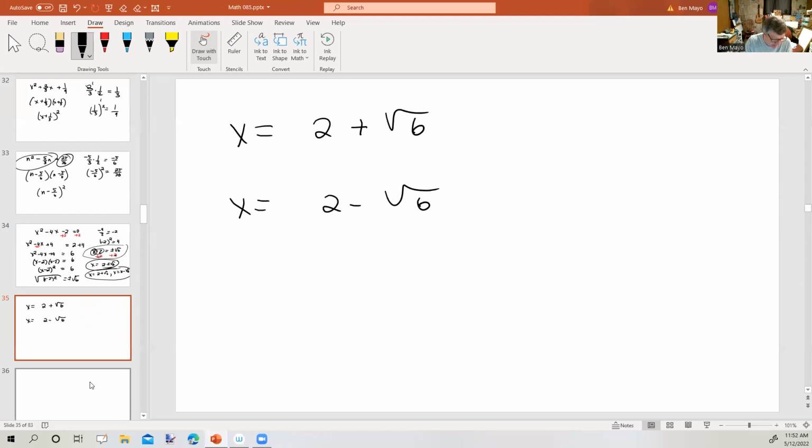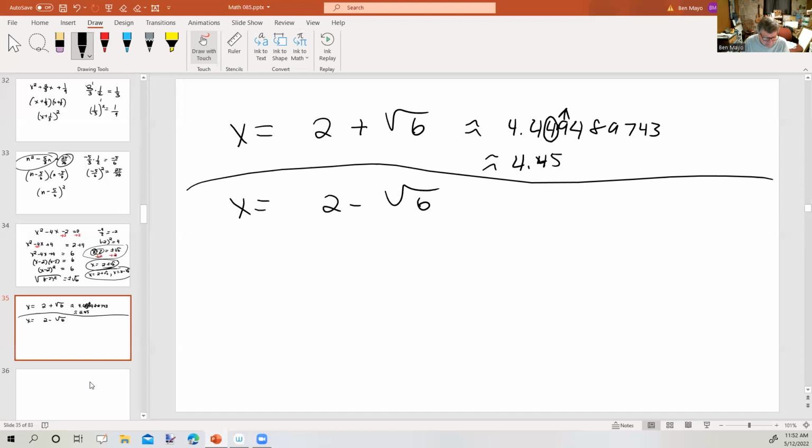So on my calculator, I put in 2 plus the square root of 6, and I get 4.449489743. But it said round to the nearest hundredth, which would be right there. The 9 would round up, so I get 4.45 as my first answer.